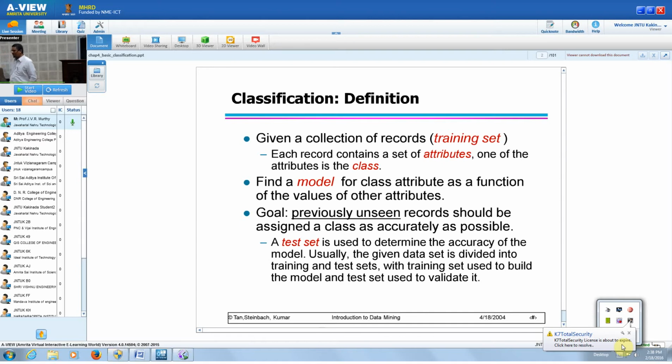Sometimes you do not know the label of the class. You just group like-minded things. Then after knowing the behavior of the group, you can label them.